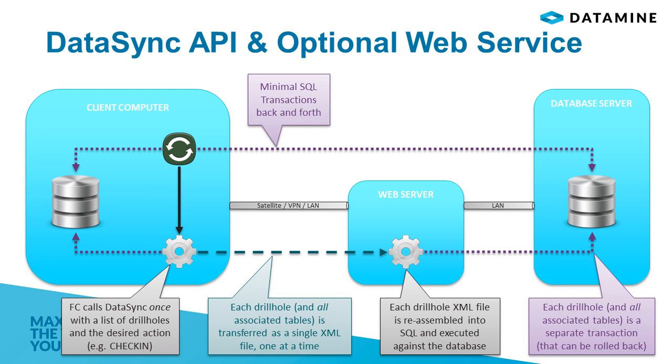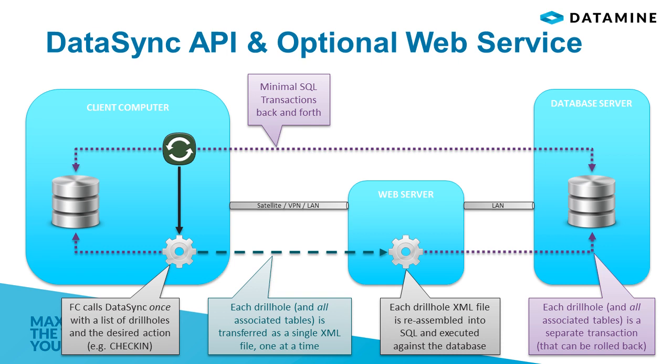And then when this is in place, what happens is the client computer, when it wants to perform a transaction, so when it wants to check in a drill hole, won't have any interaction with the central, except for a little bit of querying that Fusion Client does.